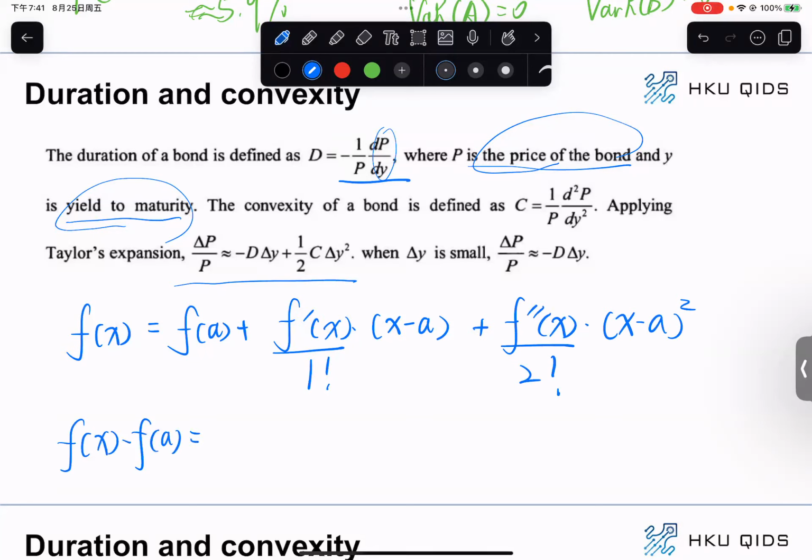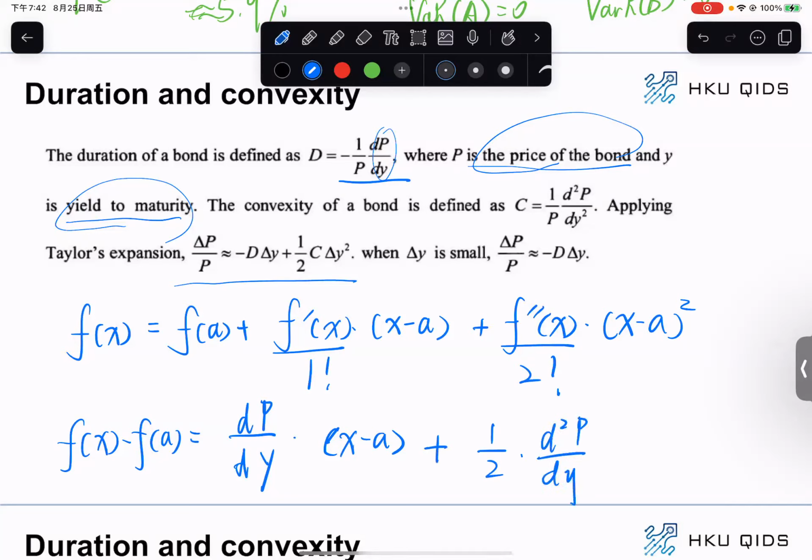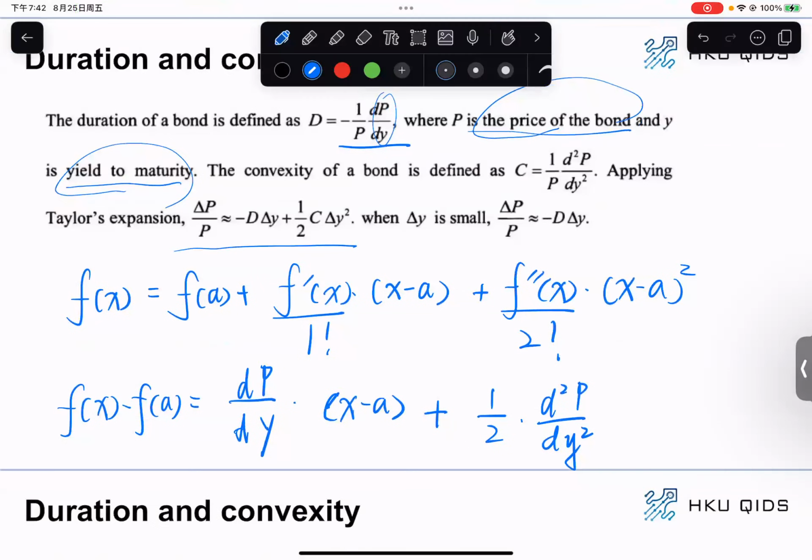The first derivative is dP/dY, right? And this is multiplied by (x minus a), plus 1 over 2 multiplied by d²P/dY², and this is, again, (x minus a) squared.